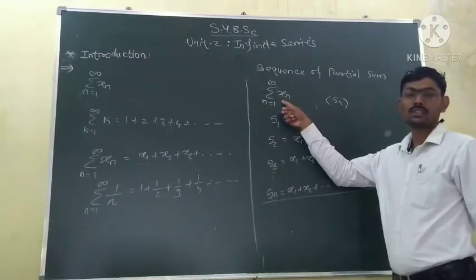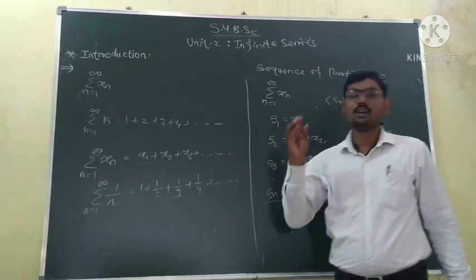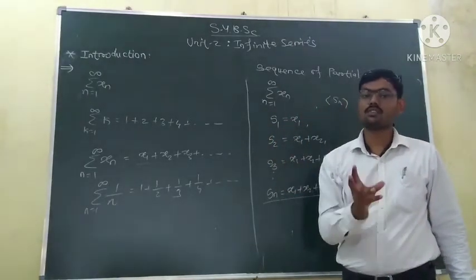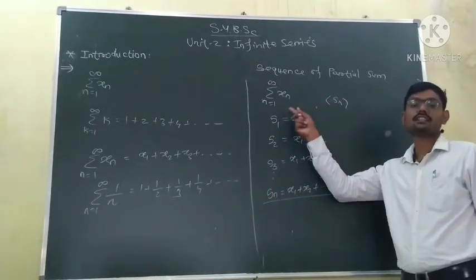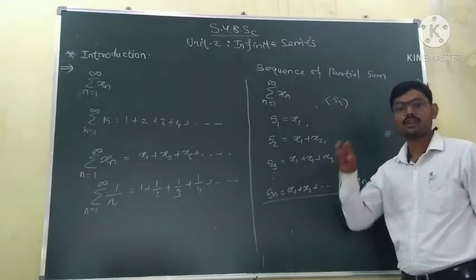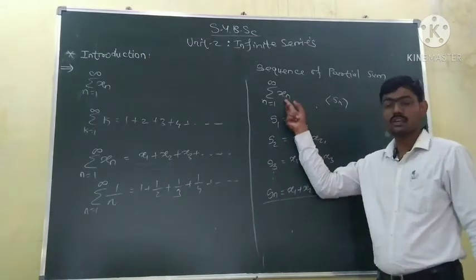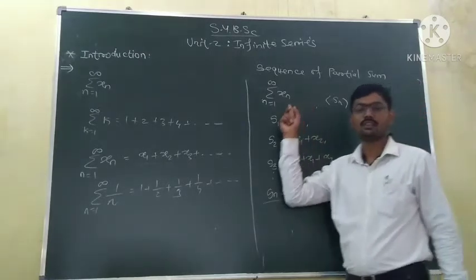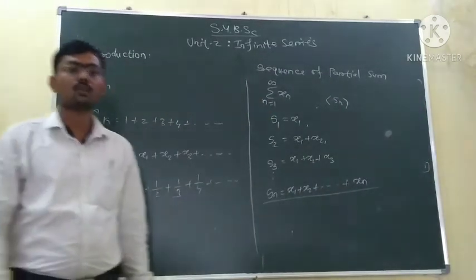To verify whether a series is convergent or not, we have to verify whether the sequence of partial sums for that series is convergent or not. So everything comes again to sequences. If the sequence of partial sums for the series is convergent, then the series is also convergent. This is one of the basic criteria for a series to be convergent.